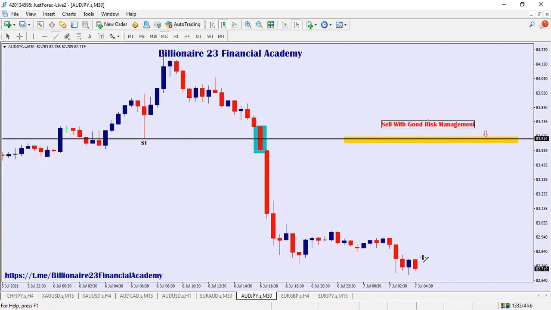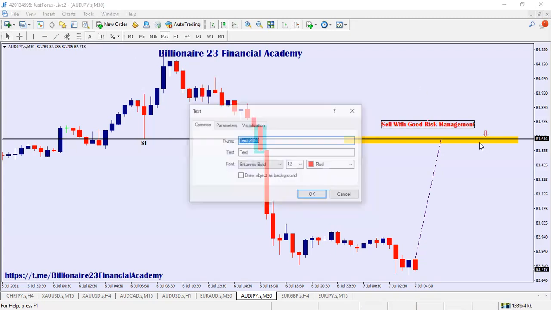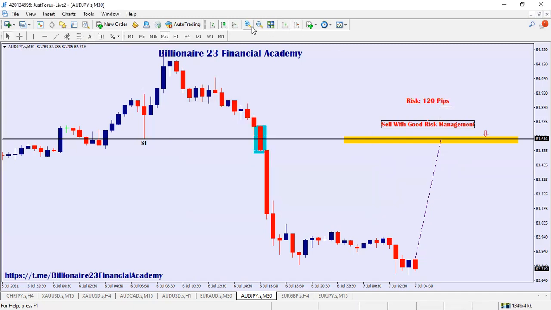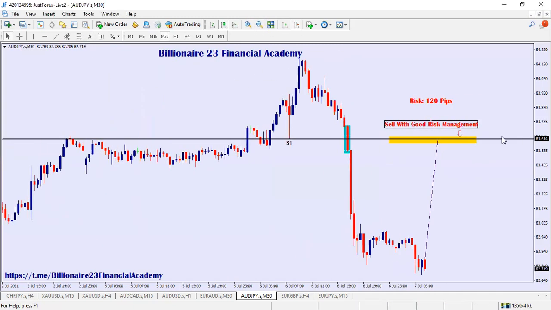So say now price were to do something like that, you would sell at this point or at this market price with good risk management. Maybe your risk appetite is 120 pips. So once price gets here, you'd risk about 120 pips.